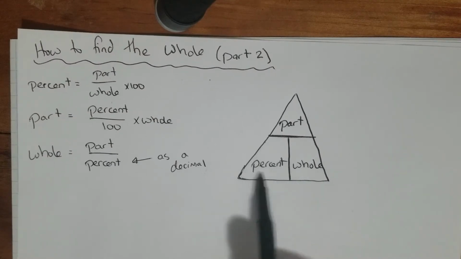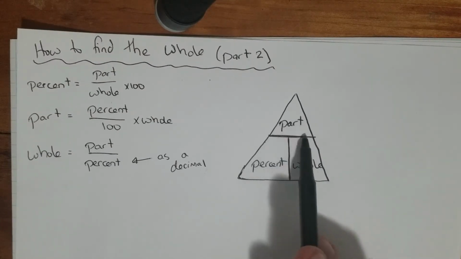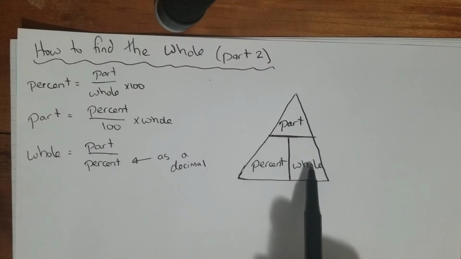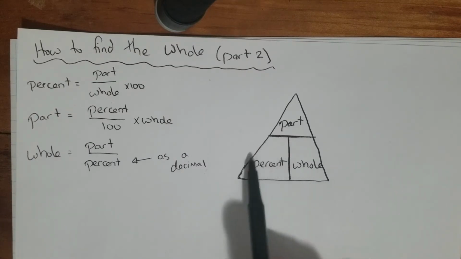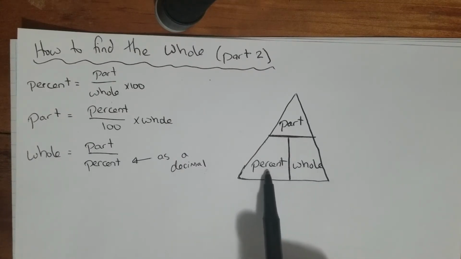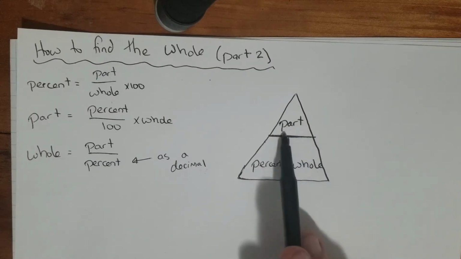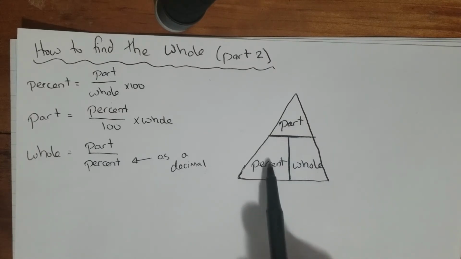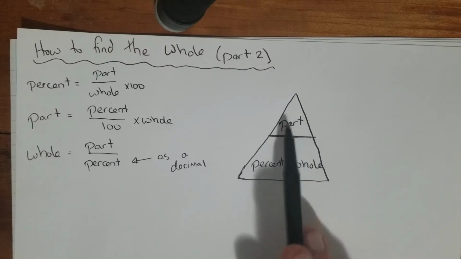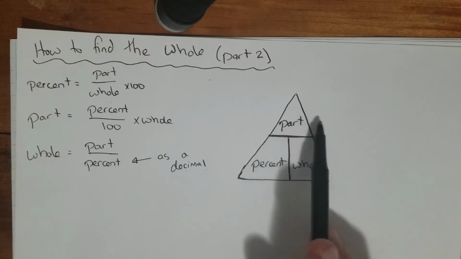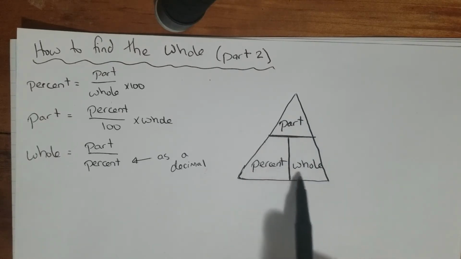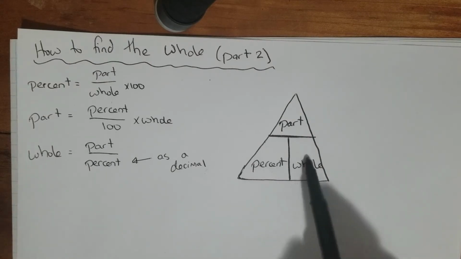If I'm solving for percent, it is part divided by whole. That would give me a decimal, which means I would have to multiply it by 100 to get that as my regular percentage number. To figure out whole, I would take part divided by percent. Percent would have to be a decimal, but otherwise, because they're on top of each other here, I would divide part and percent by each other in order to figure out my whole value.